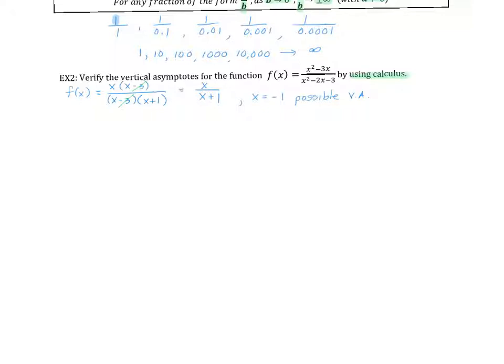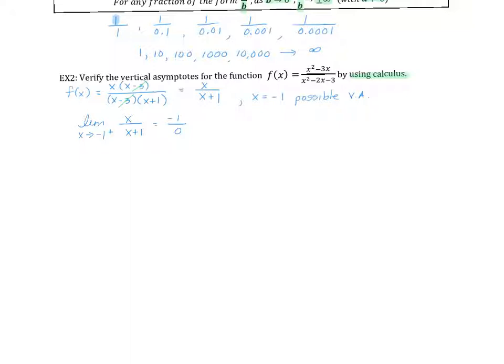So let me take the limit as x approaches -1, and I'll come in from the right. So I'm going to use the simplified x over x plus 1, right, because I've factored and canceled. If I put in -1 for x, so plug and chug, I get a -1 over 0. That is not an indeterminate form.